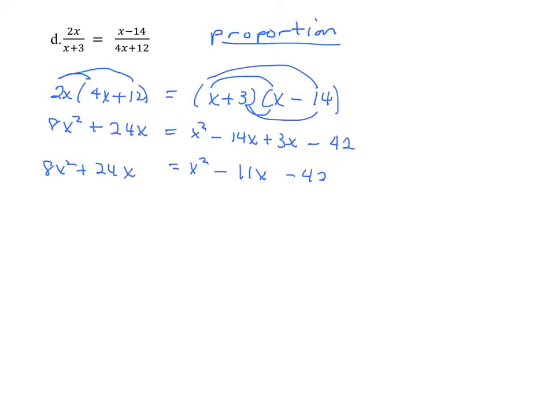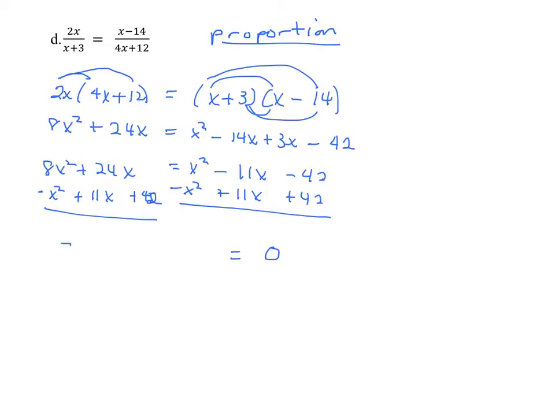Now, this is an instance where we have x squared, so I'm going to get everything over to the other side. I'm going to subtract x squared, add 11x, and add 42. On the right-hand side, we get 0 because they will all add out.